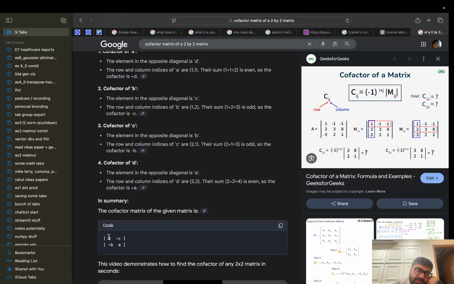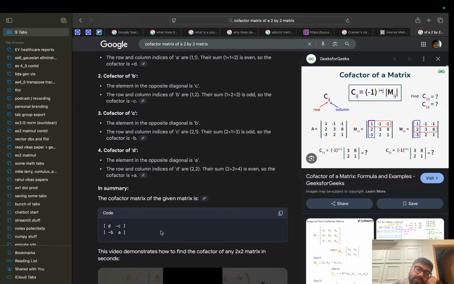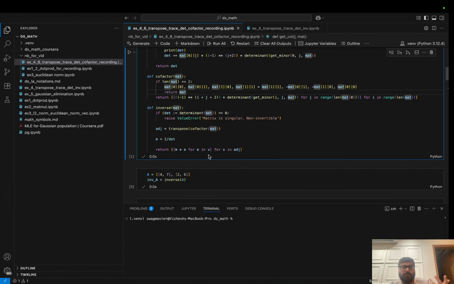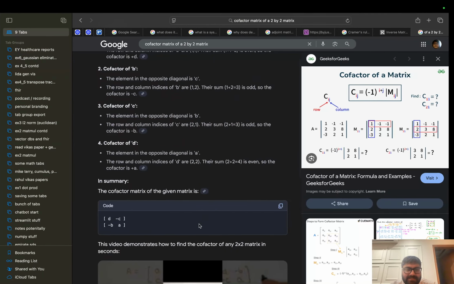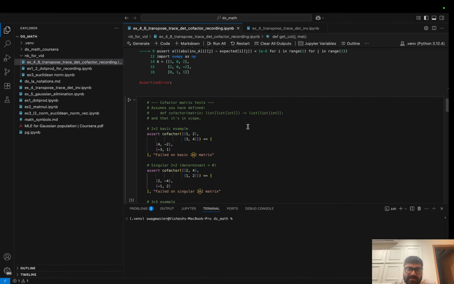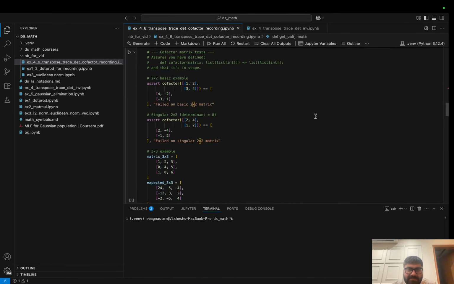And the transpose of this would be D negative C. Oh, okay, I made a mistake that somehow worked yesterday. I don't know how, but it did. Somehow we passed all our cofactor tests.